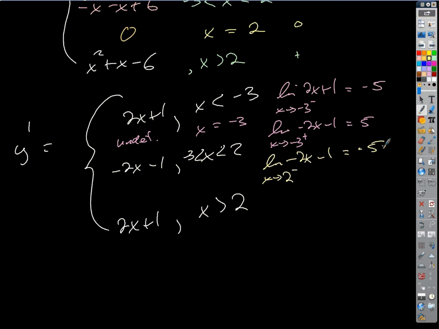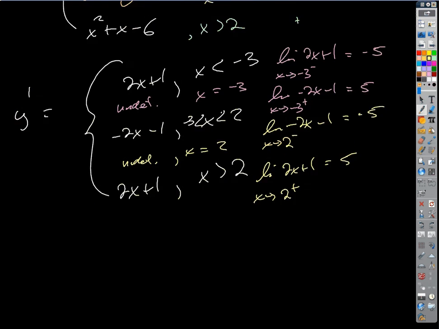The limit of this function as we approach 2 from the right is going to equal 5. Okay. All right, so then we end up with undefined at x equals 2. But from there on out, it's pretty easy.